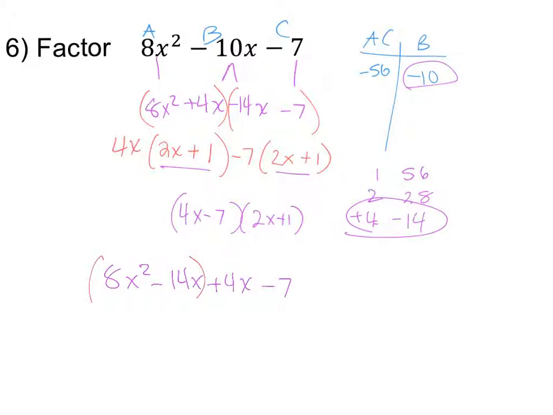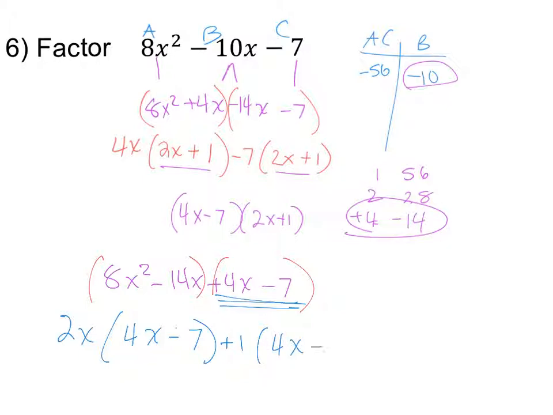I group the front 2 and group the back 2. When I factor from the bottom one, I would factor out 2x, and I'm left with 4x minus 7. When I look at this parentheses, I have to factor something out, so I factor out 1 if there's no GCF, and you're left with 4x minus 7. Whoa.